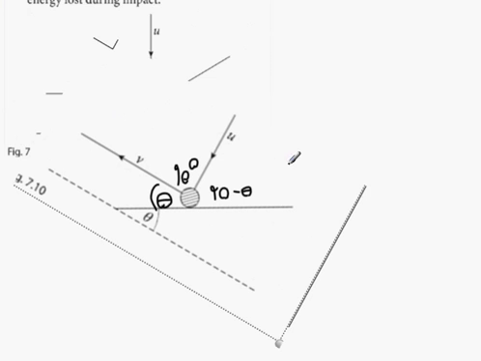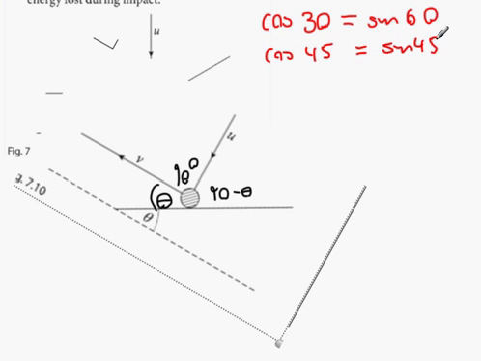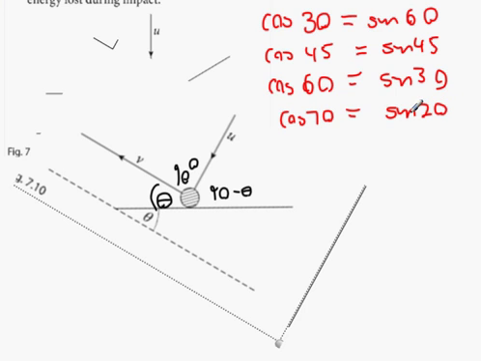One thing I also want to show you is, let's see if you get the gist of this quite quickly. Cos 30 equals sine 60. Everybody agree with that? You've used it enough to know. Cos 45 equals sine 45. Cos 60 equals what, guys? And finally, cos 70 equals sine 20. What's the common thing there?